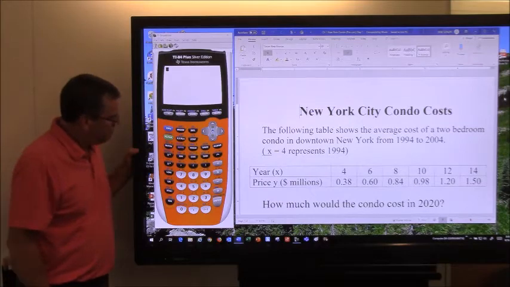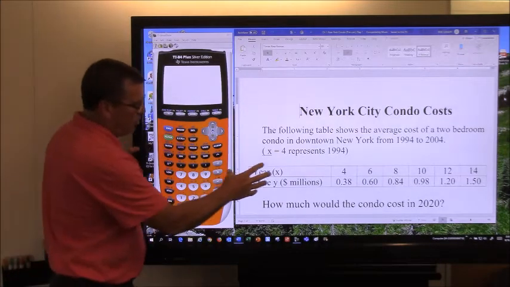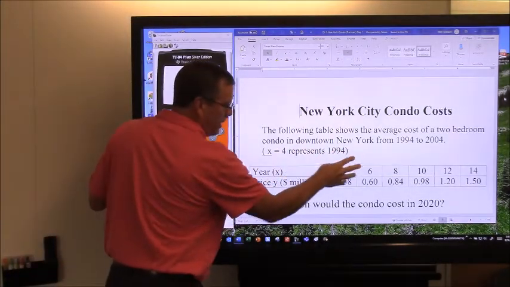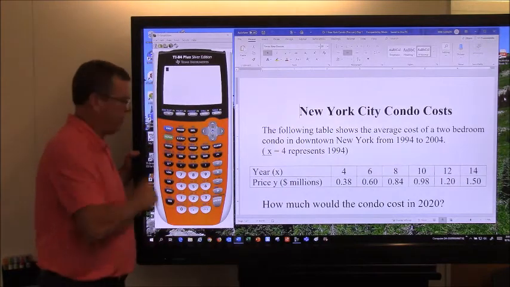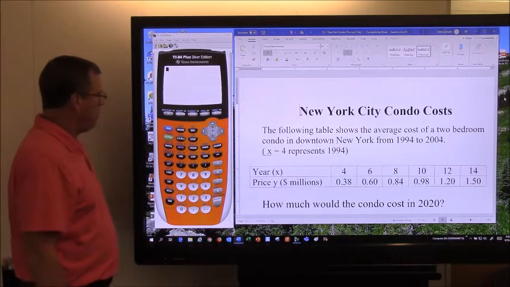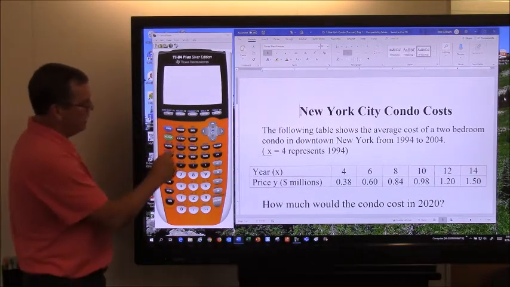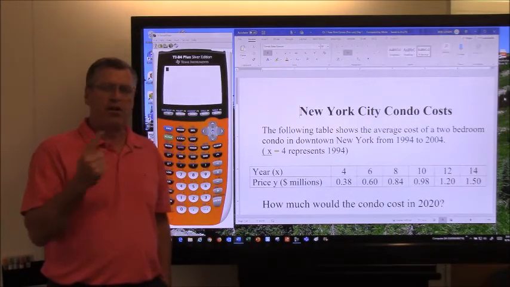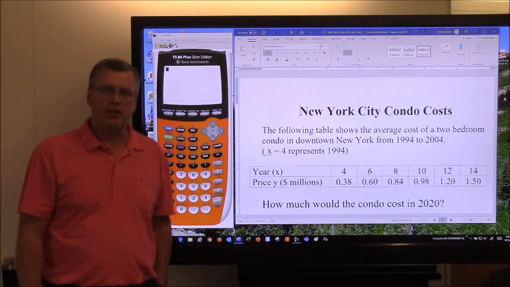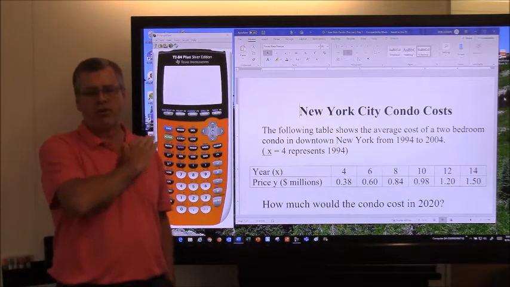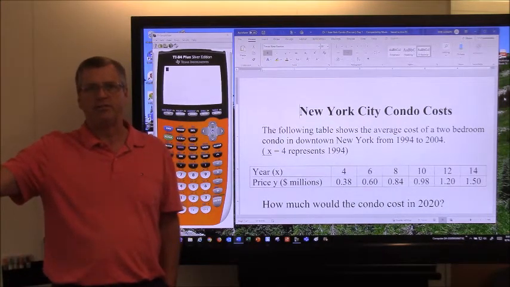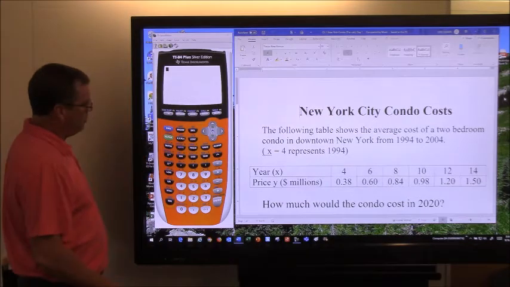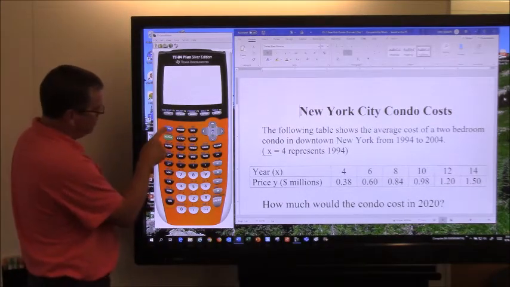So to start this problem, I need to get the data into the calculator. But first, let me back up a second. There's no guarantee that all of our calculators have the same information on them. So I want us all to clear everything off, okay? I'm going to hit second.